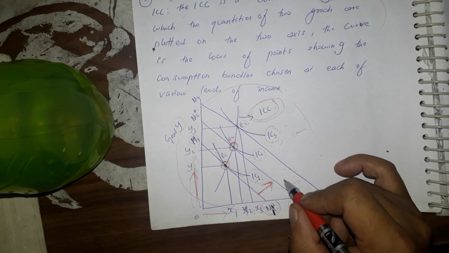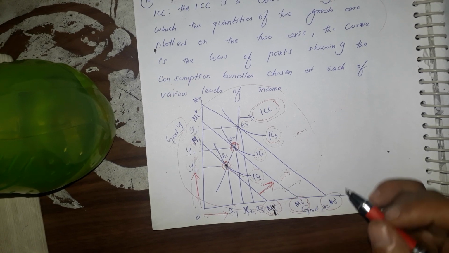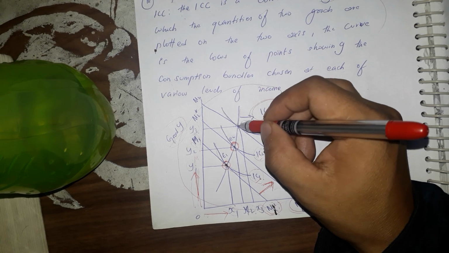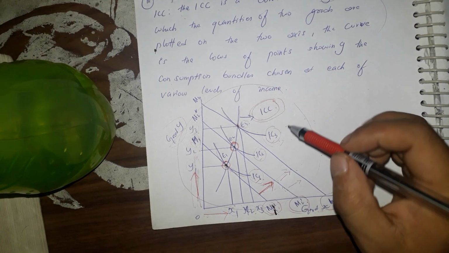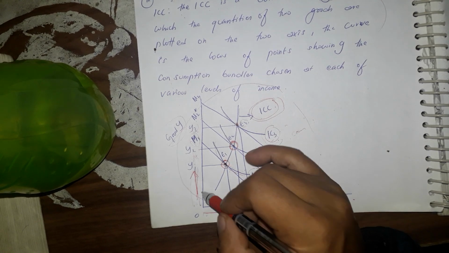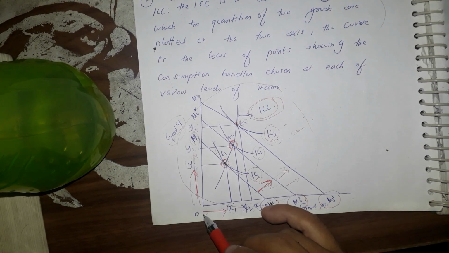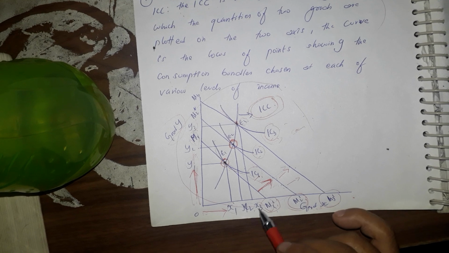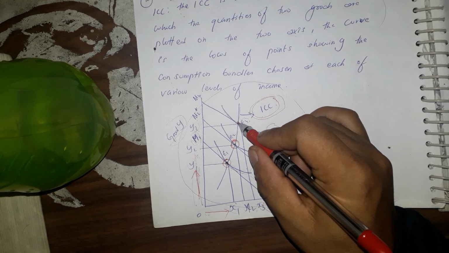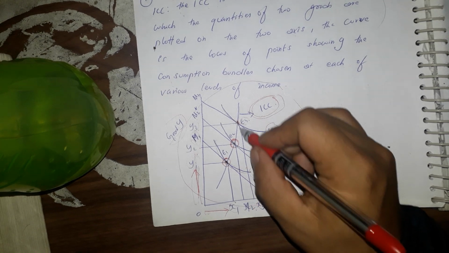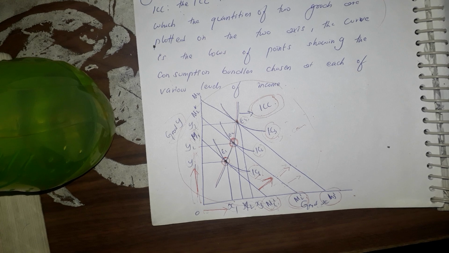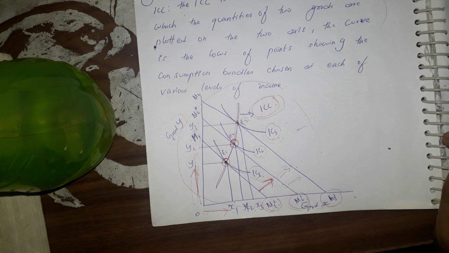Similarly, if the consumer's income further increases from M2 to M3, he will be in a new equilibrium point where IC3 is tangent to the new budget line, and he will be consuming OY3 unit of good Y and OX3 unit of good X. If we connect the locus of these three equilibrium points, we derive the ICC curve, that is, the income consumption curve.